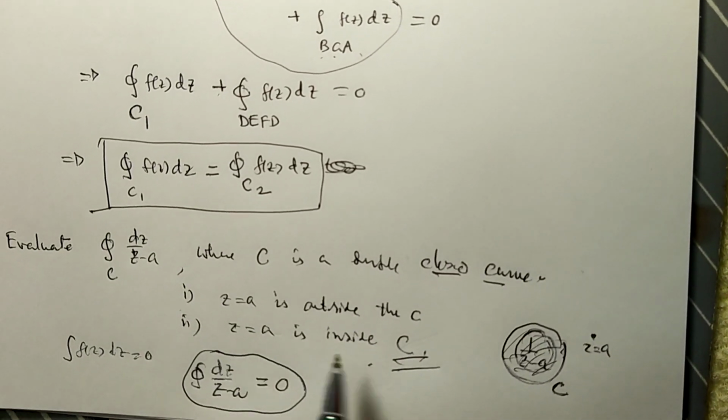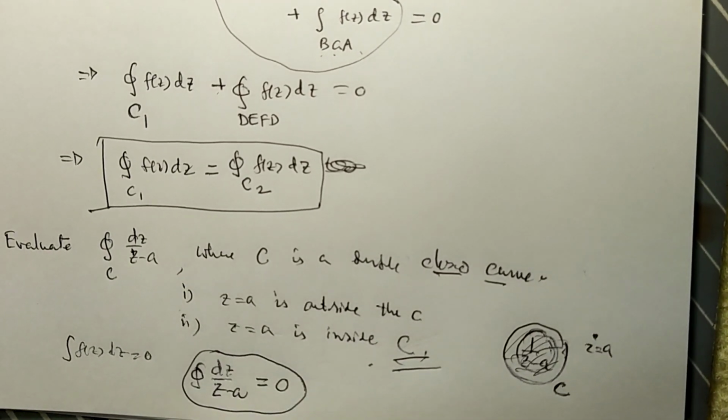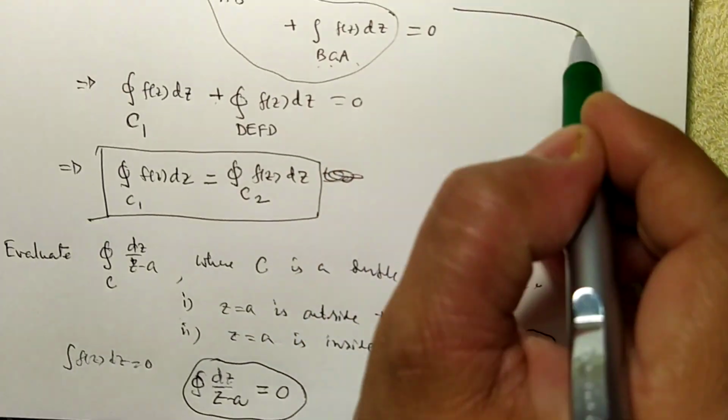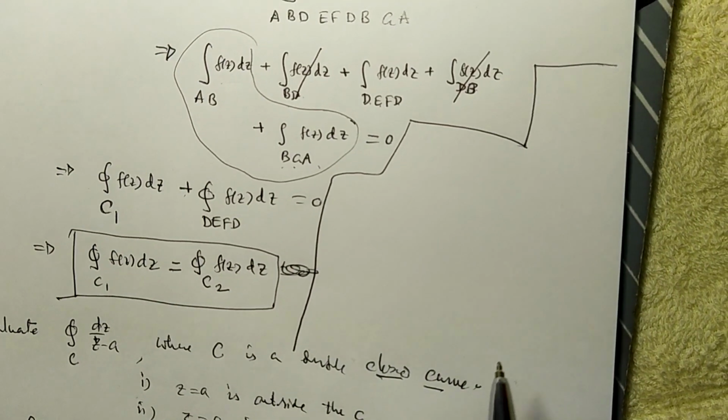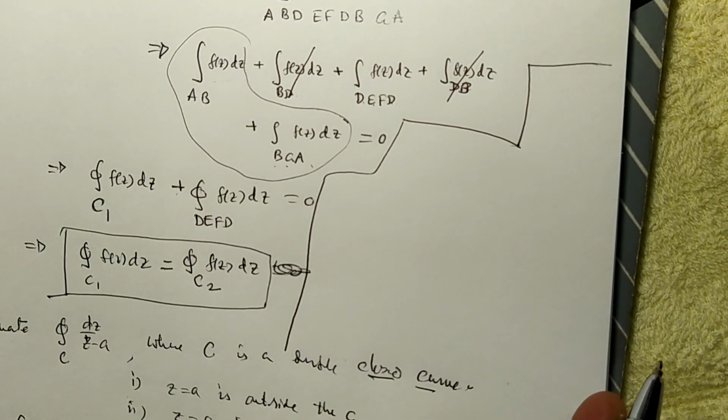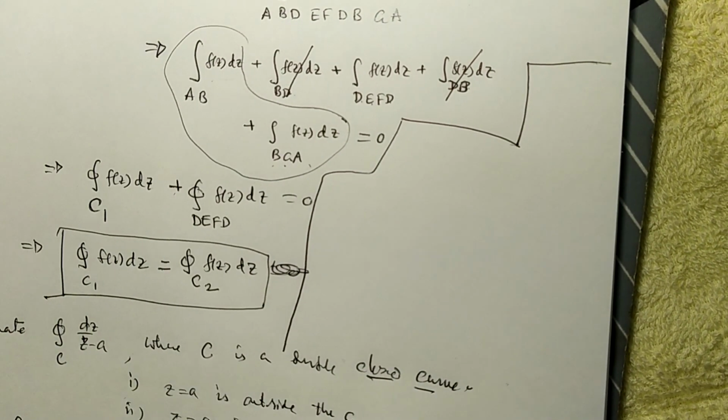But now if this diverging point is inside, then I can do it here, because we can use these formulas.